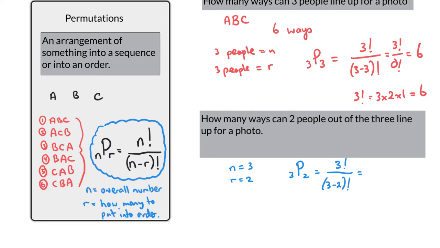And 3 factorial is 6, and 3 minus 2 factorial is 1 factorial. 1 factorial is 1, so the answer again is 6. And we can prove it. Look, we can have A with B, B with A, A with C, C with A, and then the last 2 is B with C and C with B. So it's exactly the same number, 6.